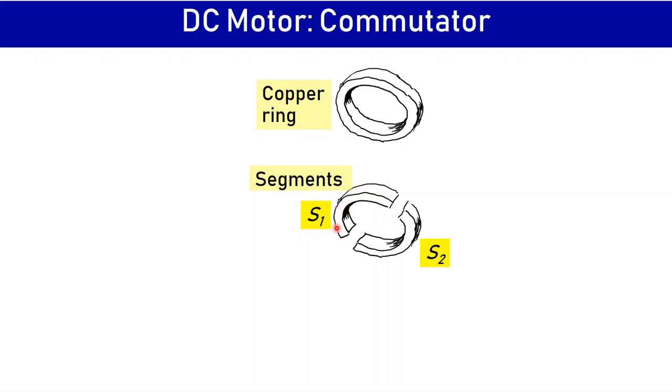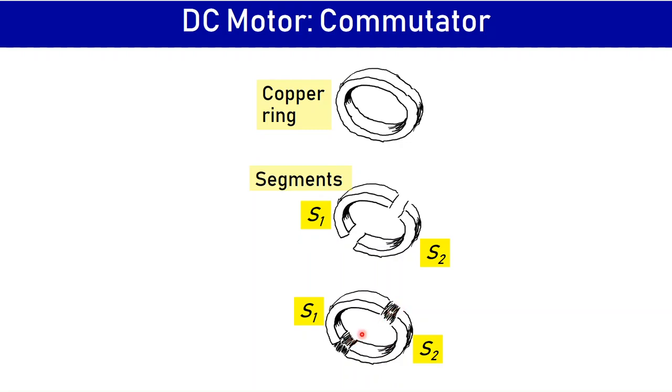So this is a segment S1 and this is a segment S2. Now what we do is we join these two segments again, but with an insulation between them. So this is an insulation, which means that the current cannot flow from S1 to S2 or from S2 to S1.